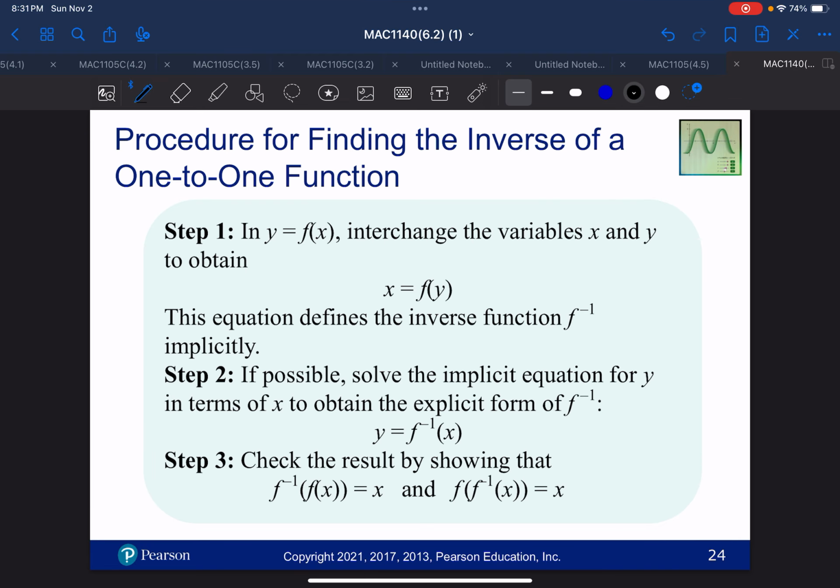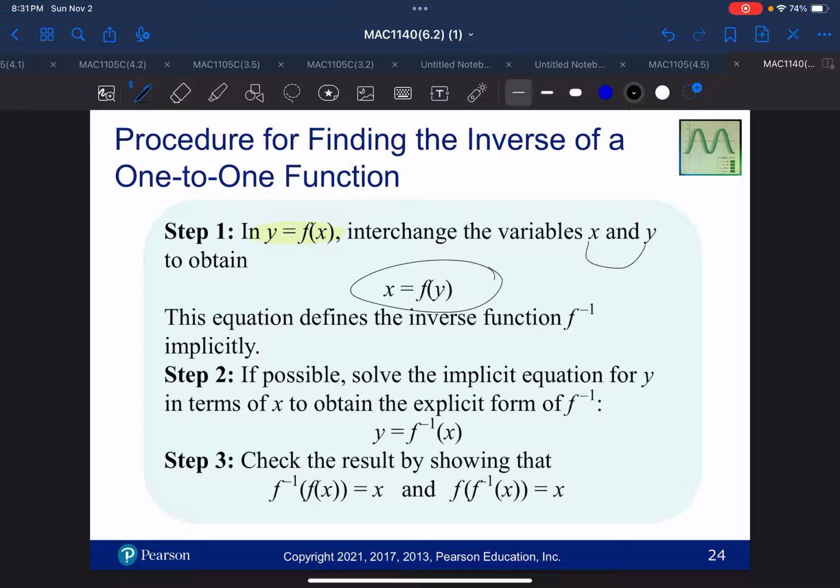Okay, so what if they give us a function and they want us to actually find the inverse function? So here are the steps that we take in order to do that. So the first step is to interchange. If they give us a function y equals f of x, we interchange the variables x and y. So instead of y, I would put an x, and instead of x, I would put a y. I just switch them.